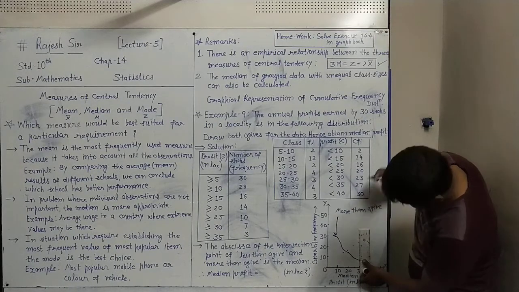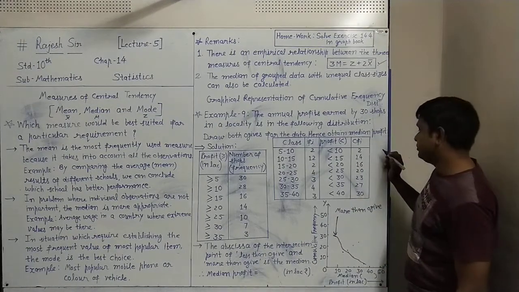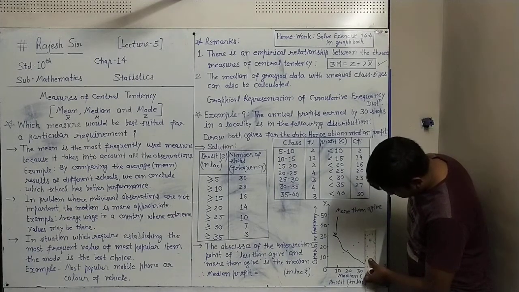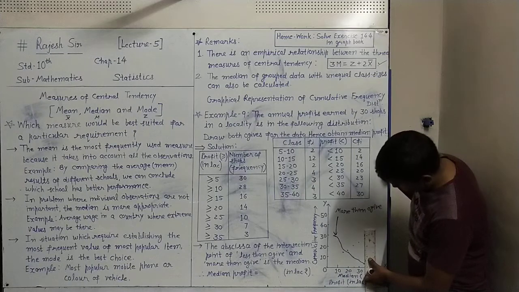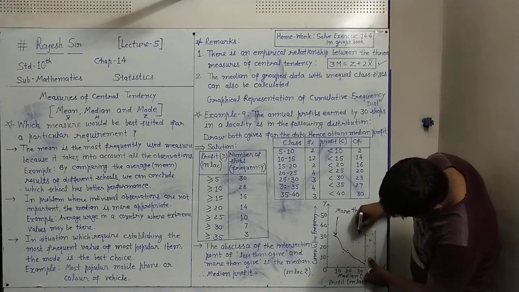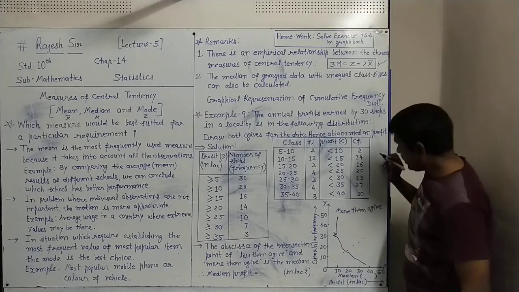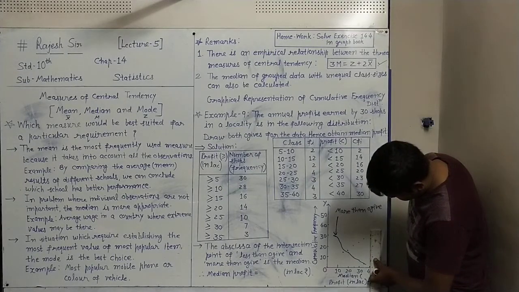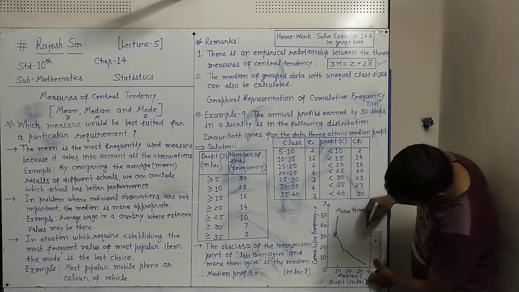This one. Then 35, 27. 35 means 30 and 40 between that. And height will be 27. This cumulative frequency 27 is 3 less than 30. 3 less than 30 is this one. Then 40, 30. 40 on x-axis, 30 on y-axis.